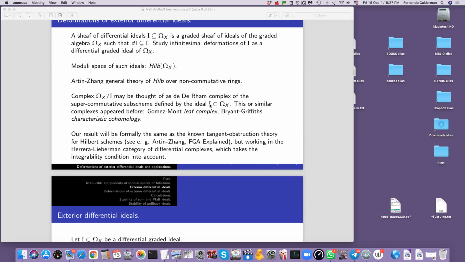You can think about this as the rank complex of this non-commutative scheme, if you like. This complex appeared before under the name of leaf complex, introduced by Gomez-Mont. And also Bryant and Griffiths consider a complex, not exactly this one, a modification of this one, in a paper where they study what they call characteristic cohomology.